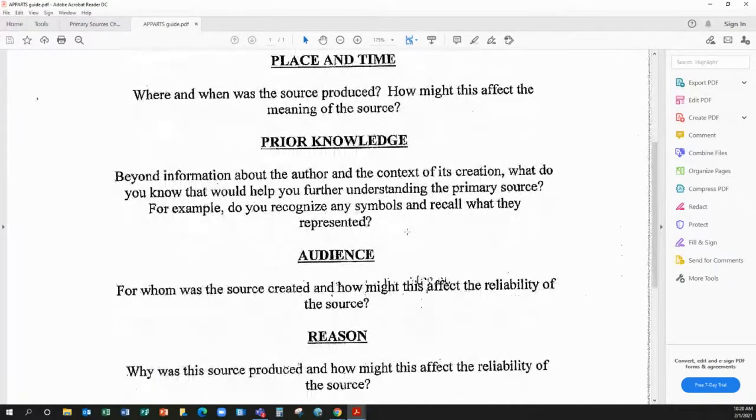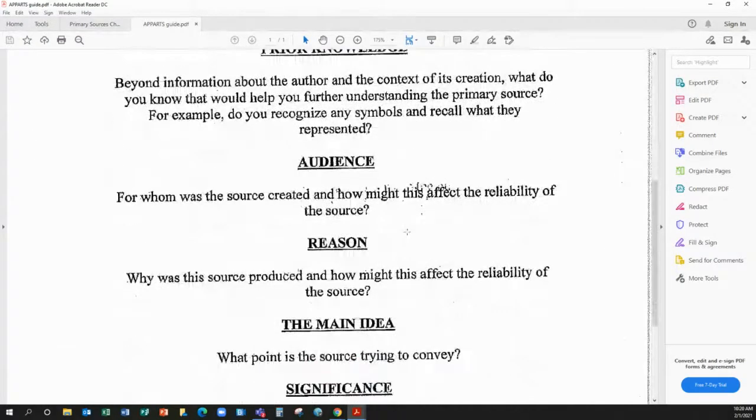Okay. And then going on to audience, from whom was the source created and how might this affect the reliability of the source? Okay, so this is a poem and it's published in a magazine, a very common magazine. So it's for the English speaking reading public.